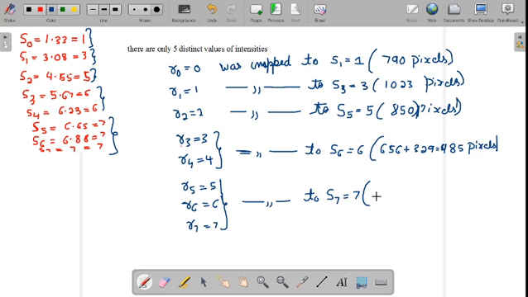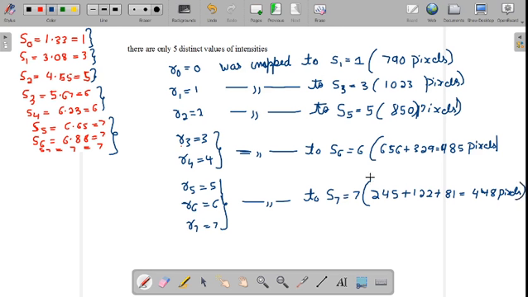How many pixels would be there? 245 plus 122 plus 81, so that would be equal to 448 pixels.